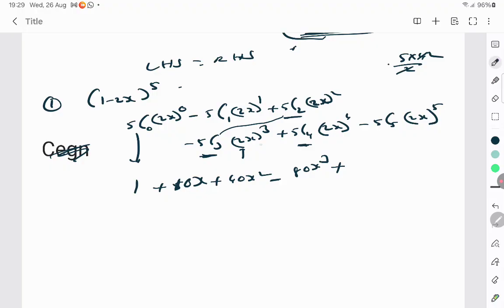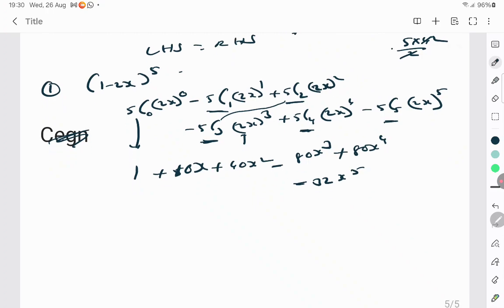Plus 5C4 is the same as 5C1, which is 5, into 16, 16 fives are 80, x to the power 4. Minus 5C5 is 1, 2x the whole to the power 5 is 32 into x to the power 5. This should be the answer. So this is so simple.